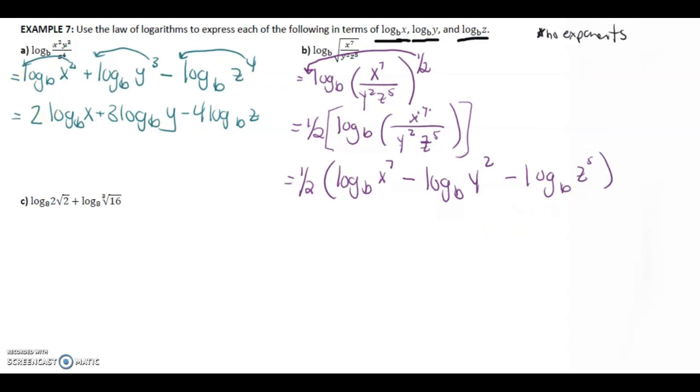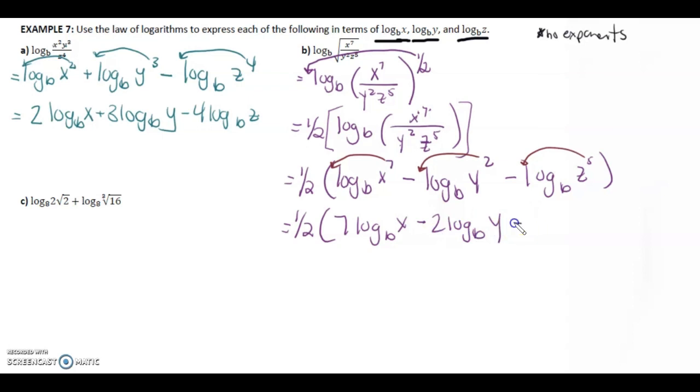Okay, I'm going to do this one backwards of what we did before. I am going to bring down the 7 first, bring down the 2 first, and bring down the 5 first. It doesn't matter which order you do these in, and that's why I'm showing you this order. So 7 log base b of x minus 2 log base b of y minus 5 log base b of z.